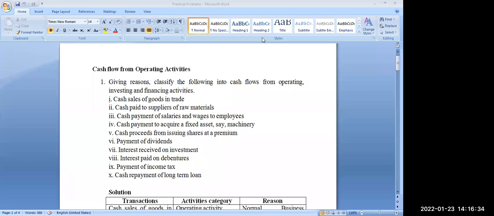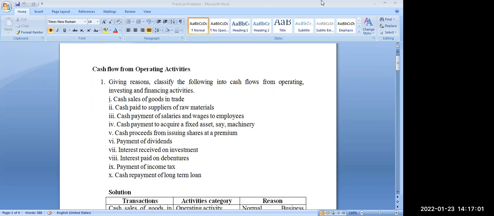Cash payment of salaries and wages to employees. Operating activity, operating outflow. Cash payment to acquire a fixed asset, say for example machinery, is an example of investment activity.